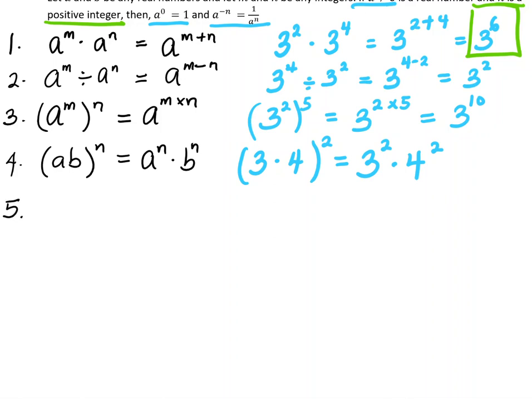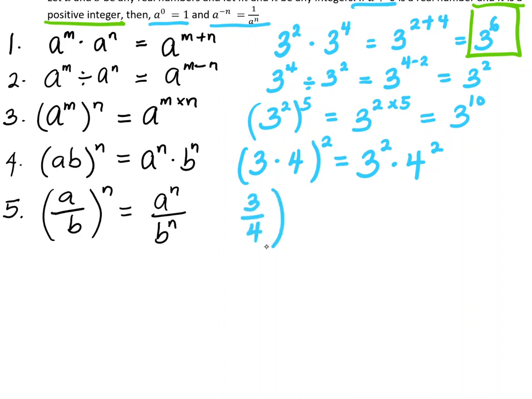The fifth rule: if we have A divided by B and we raise everything to this positive integer N, this rule says that we can open this up as A raised to the power of N divided by B raised to the power of N. As a quick example, if we have 3 divided by 4, everything raised to the power of 2, you can say this is 3 raised to the power of 2 divided by 4 raised to the power of 2.